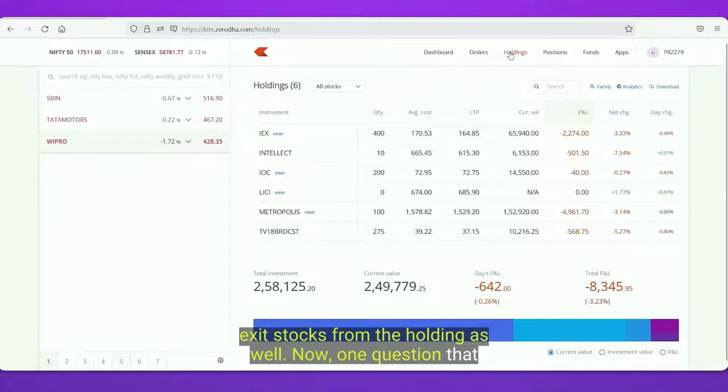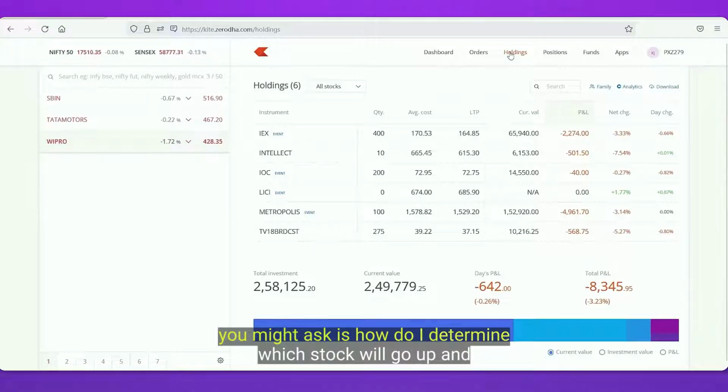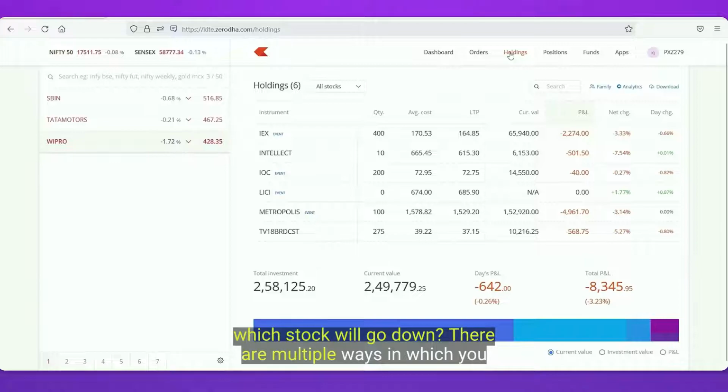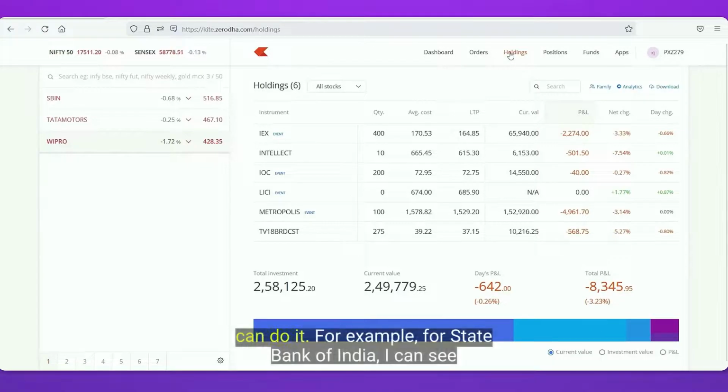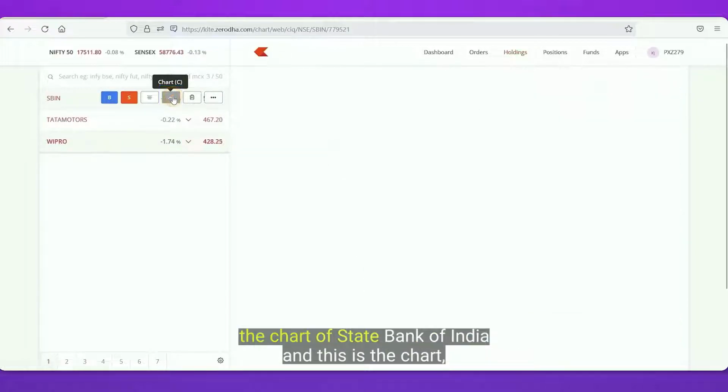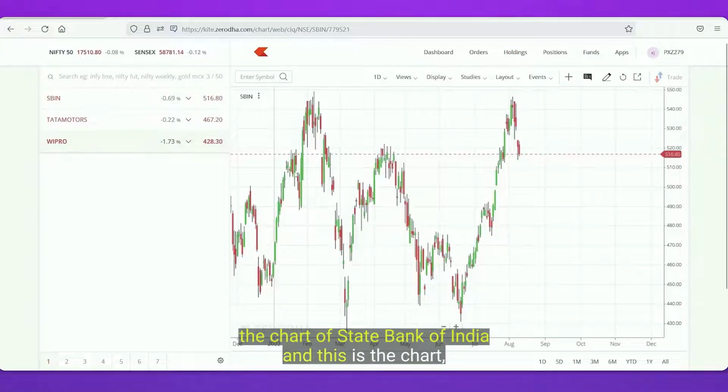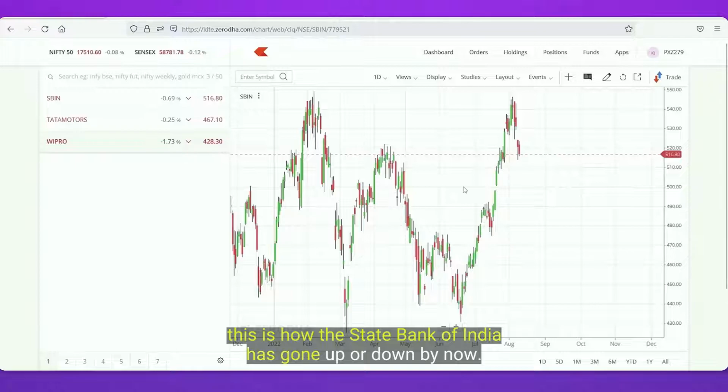Now, one question that you might ask is, how do I determine which stock will go up and which stock will go down? Now, there are multiple ways in which you can do it. For example, for State Bank of India, I can see the chart of State Bank of India, and this is the chart. This is how the State Bank of India has gone up or down.